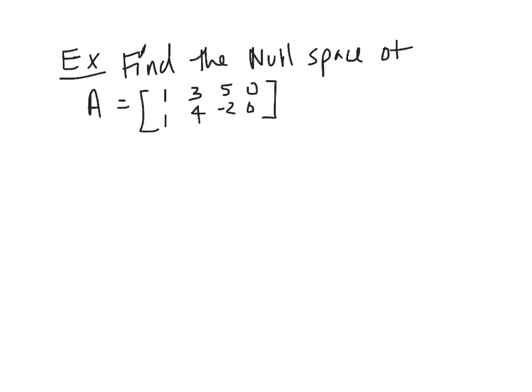All right, now that you've had that opportunity, we know we need to row reduce it. So let's row reduce this matrix, and what we get is the following matrix in reduced echelon form.